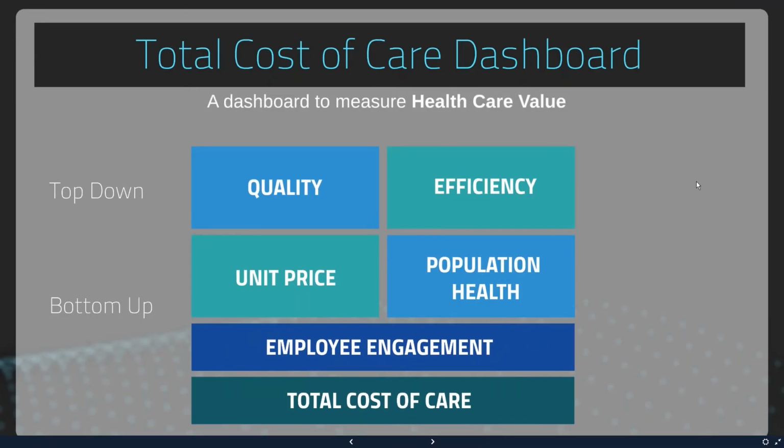And one of the last things we want to share today is our total cost of care dashboard. It's really a dashboard that helps us measure healthcare value. In healthcare, these are the key measures and the key indices that we use to help assess how a health system or a provider is performing in the marketplace.